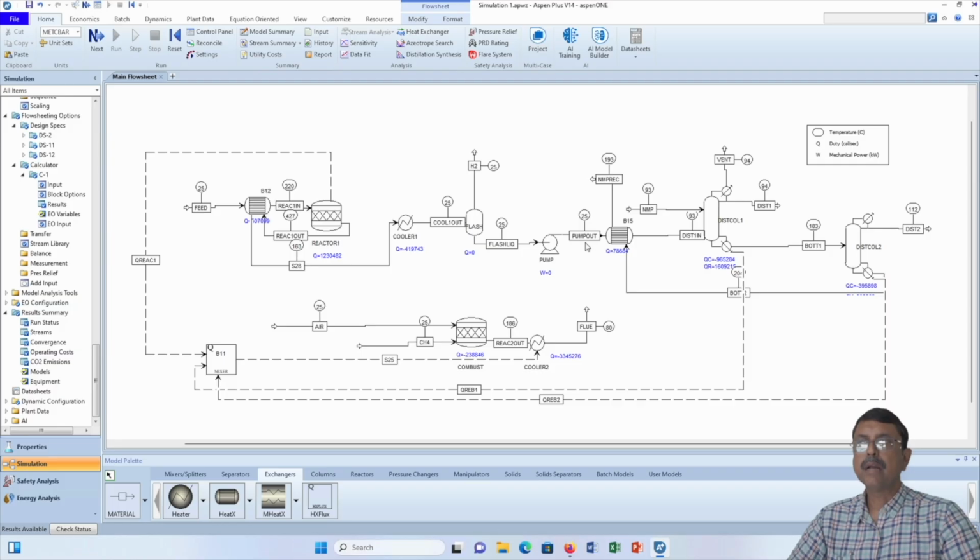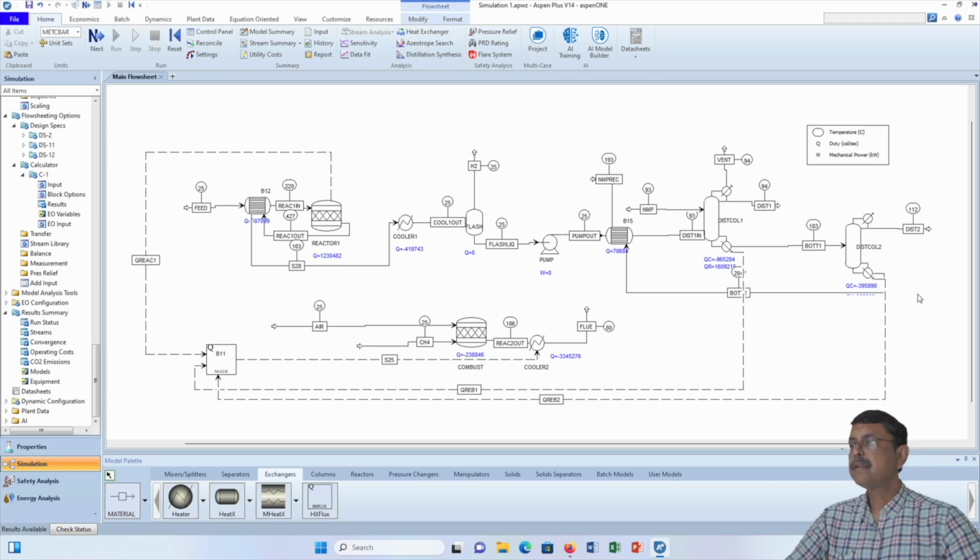Similarly, we have coupled that pump outlet with the reboiler outlet of the second column. Now, who has said us that that kind of combination is the best combination? Or how do we know that there cannot be any other combination of heat exchangers which, if we connect with different streams in a different manner, that will give us a better energy savings?